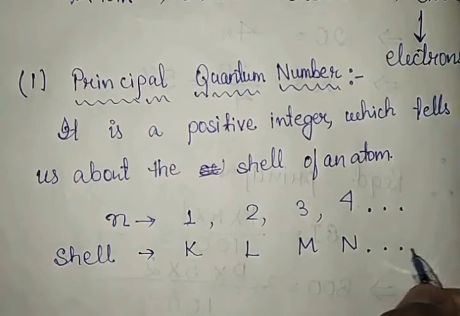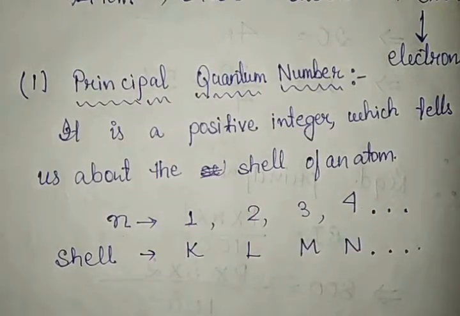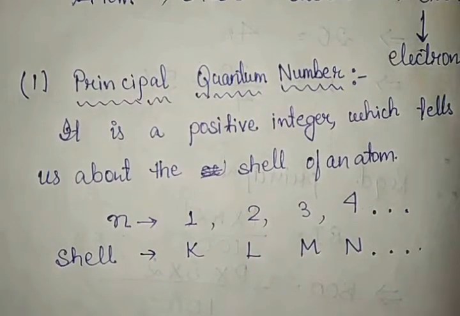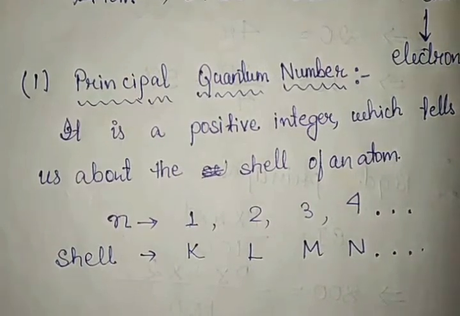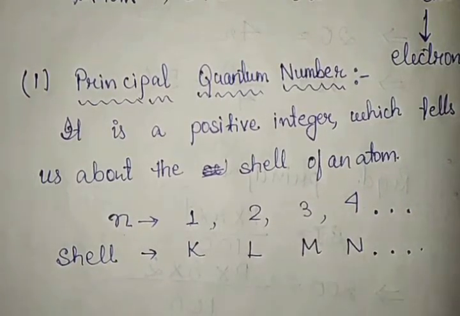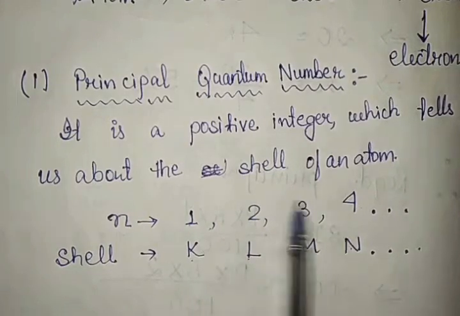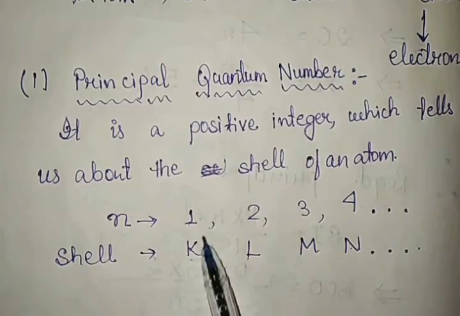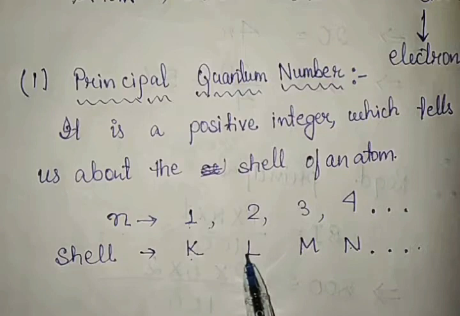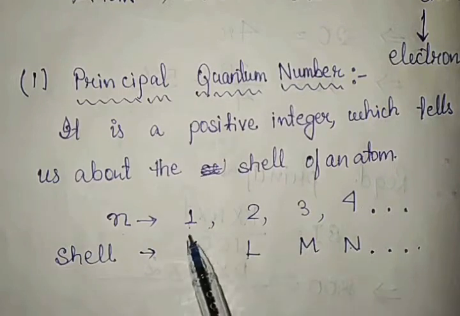This tells us about the shell of an atom. The size of an orbital increases with increasing principal quantum number. The principal quantum number associated with K is 1, and with L is 2. So the L shell is greater than the K shell.